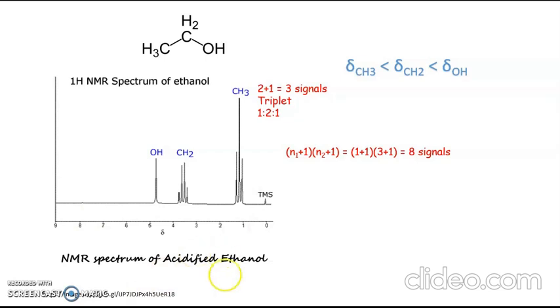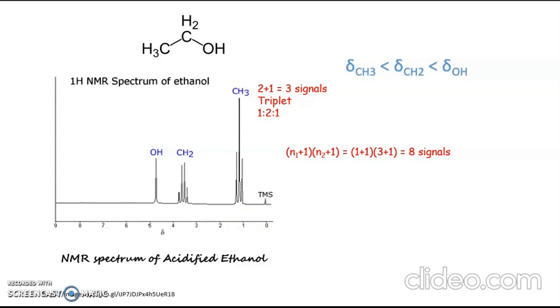Then the H plus ion of the acid catalyzes the exchange of protons between OH groups of different molecules. That is, we are not taking one molecule for analysis. We always take a sample, which must contain a large number of ethanol molecules.